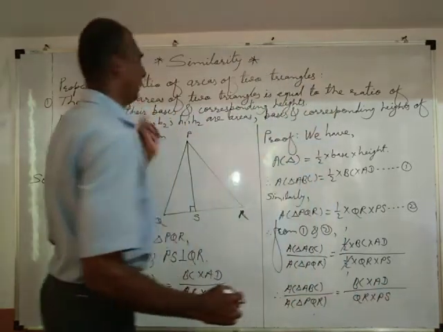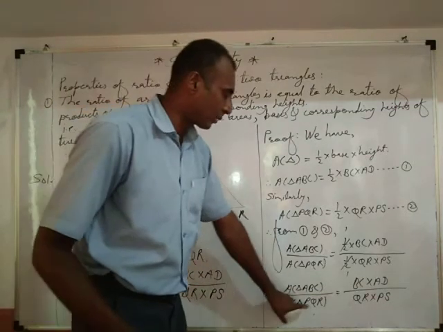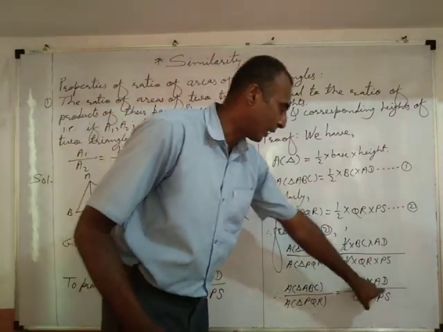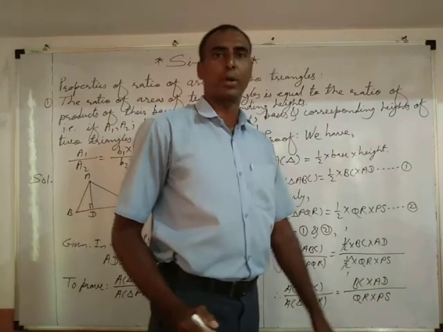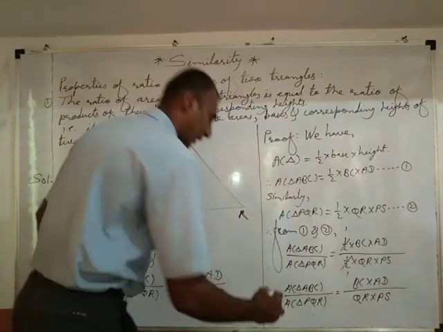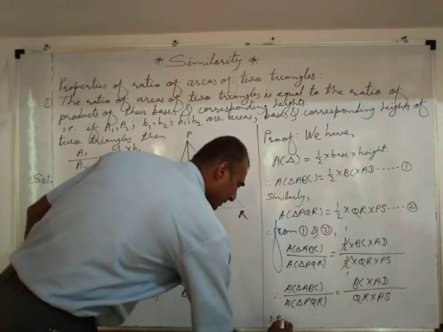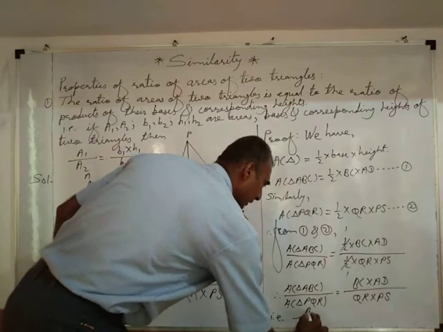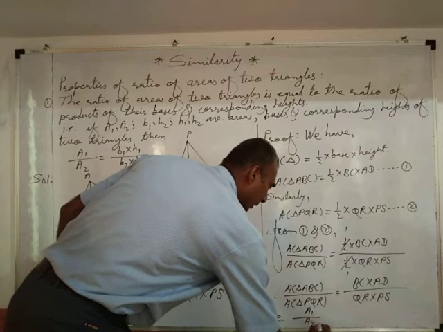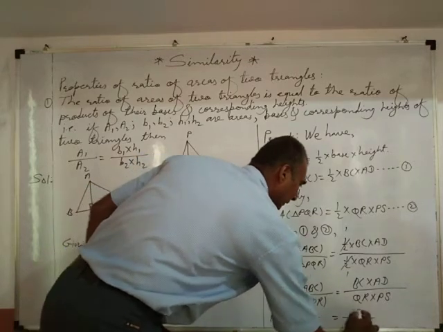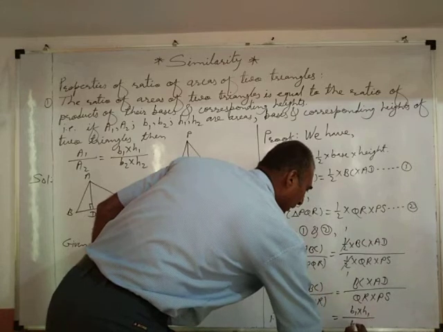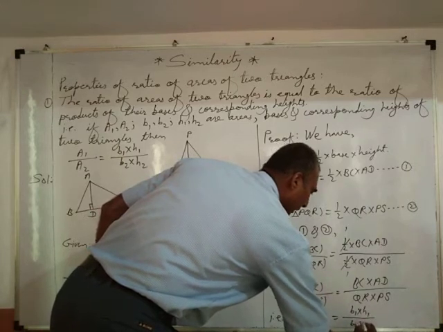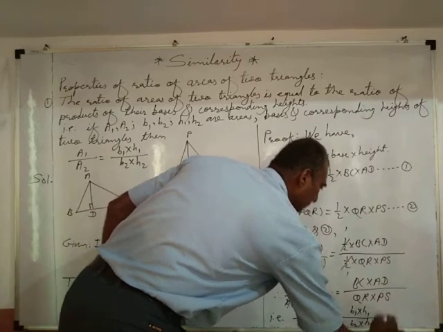Means a ratio of areas of two triangles equals a ratio of the products of their bases and corresponding heights. In general, A1 upon A2 equals B1 into H1 upon B2 into H2.